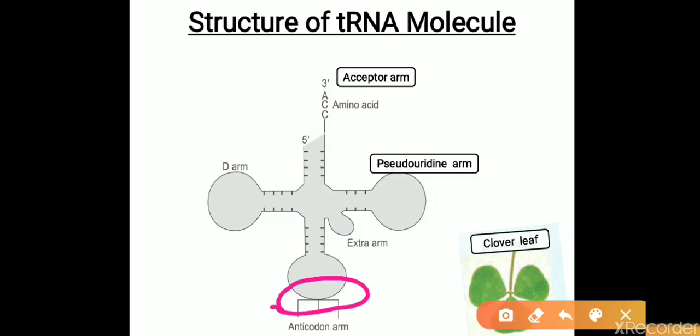The anticodon arm of the tRNA reads the nucleotide bases present on the mRNA, and at the same time this acceptor arm of the tRNA molecule receives this amino acid from the cytoplasm, along with the information that is received from the mRNA molecule. That's why the function of tRNA is considered as an adapter molecule.